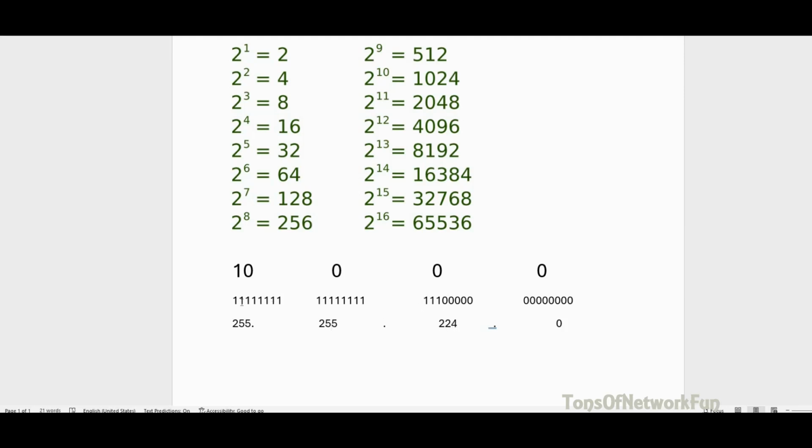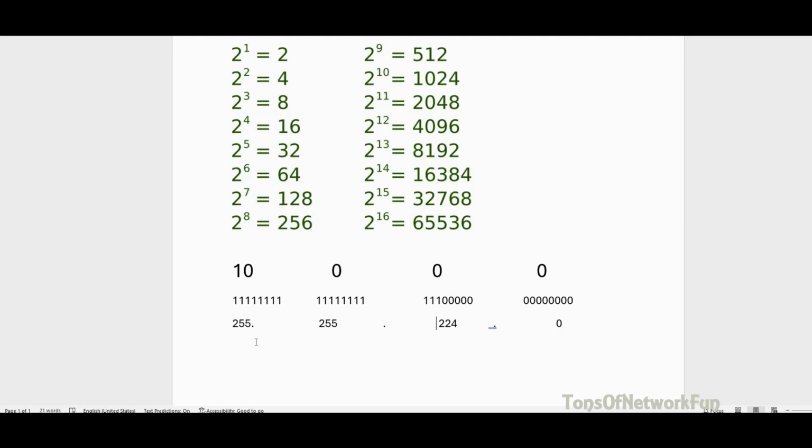This is 255 because the entire network bits are taken and all ones equal 255, since 128 plus 64 plus 32 plus 16 plus 8 plus 4 plus 2 plus 1 equals 255. Same here, but here there are only 3 bits borrowed, so 128 plus 64 plus 32 equals 224. The last octet, we are not converting anything, so the 0 will stay.